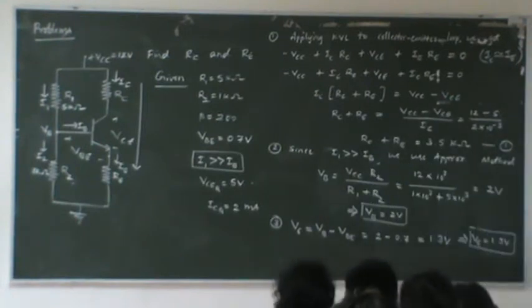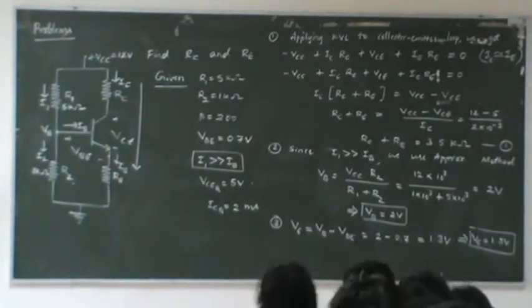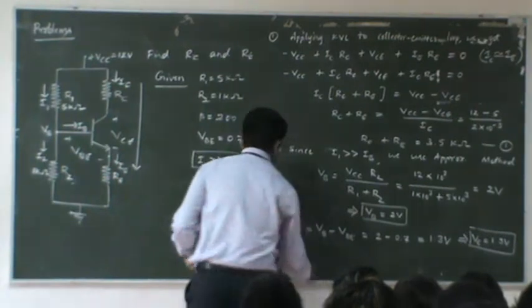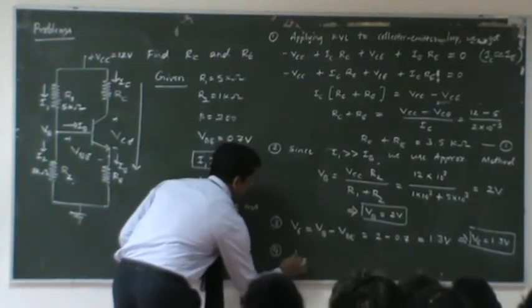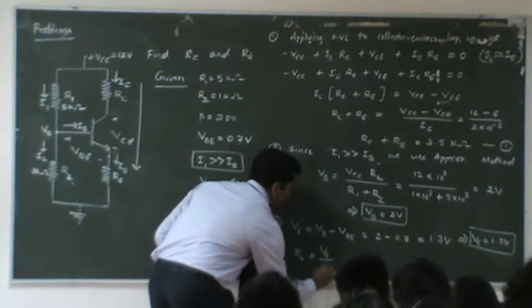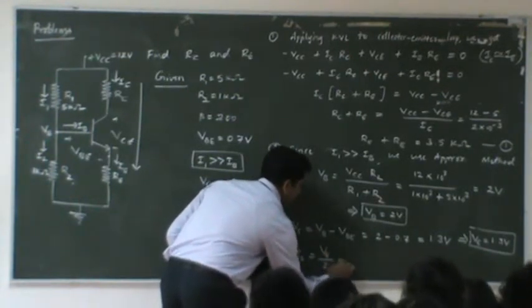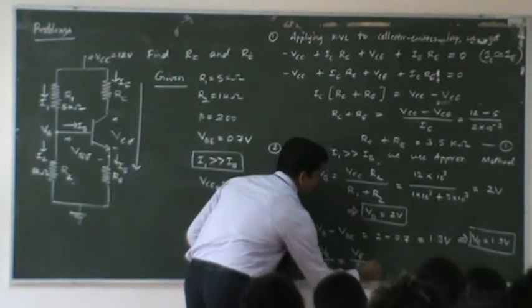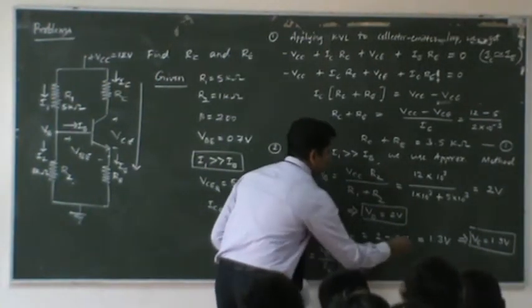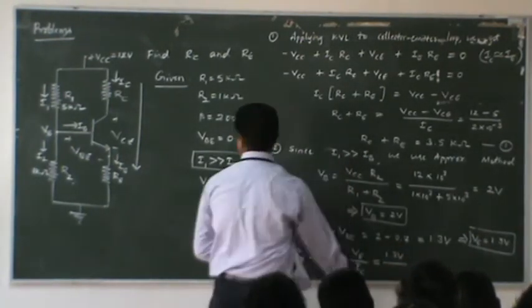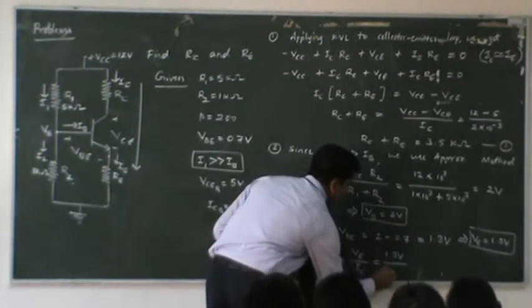Now using this, can we find out RE? What is RE? VE by IC, that's right. So step 4: RE, which is nothing but VE divided by IE, which is equal to VE divided by IC. VE is given as 1.3 volts divided by IC, which is 2 milliampere.